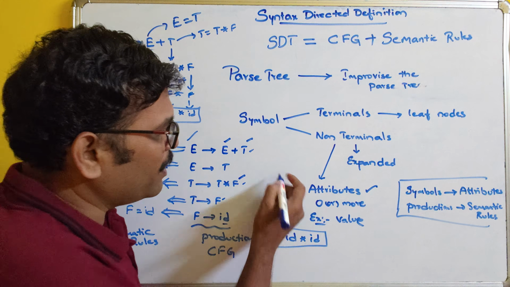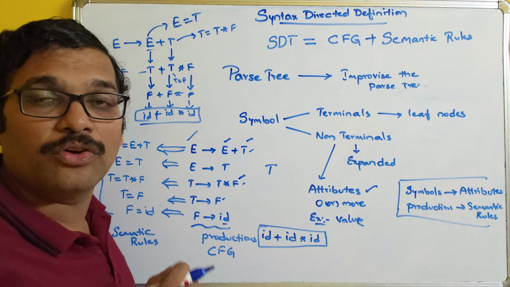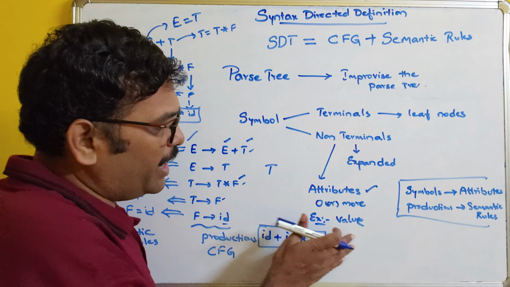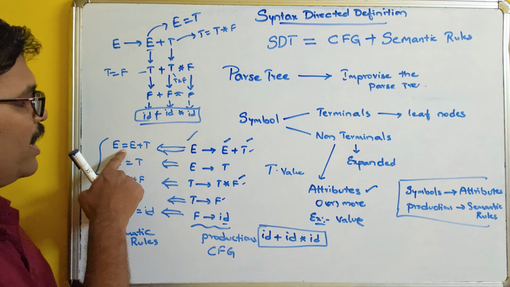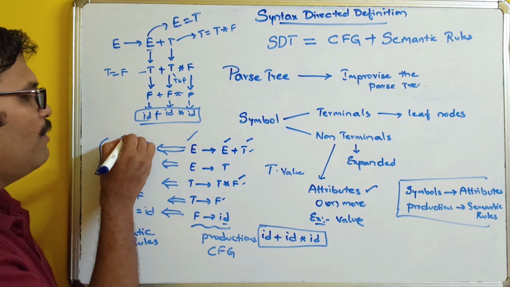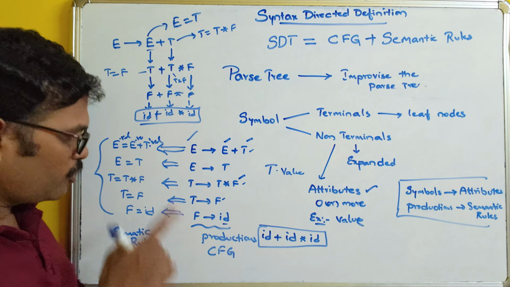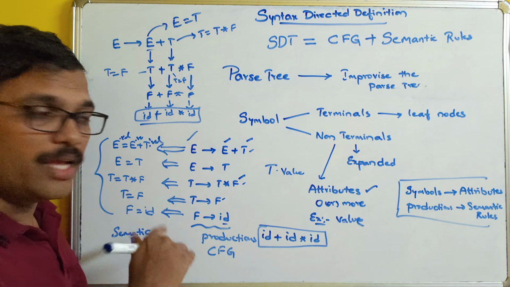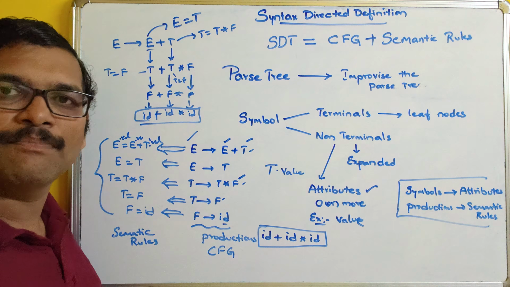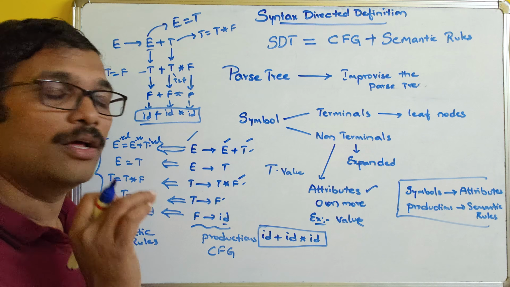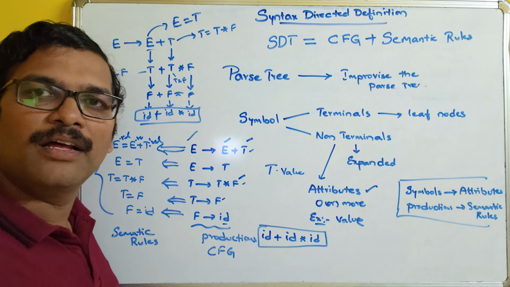For example, capital T has an attribute called value. So if any value should be taken, that will be T dot value. Here you can write E dot val, T dot val. These are all the semantic rules. So rules are associated with the productions, and attributes are associated with the symbols, particularly non-terminal symbols.